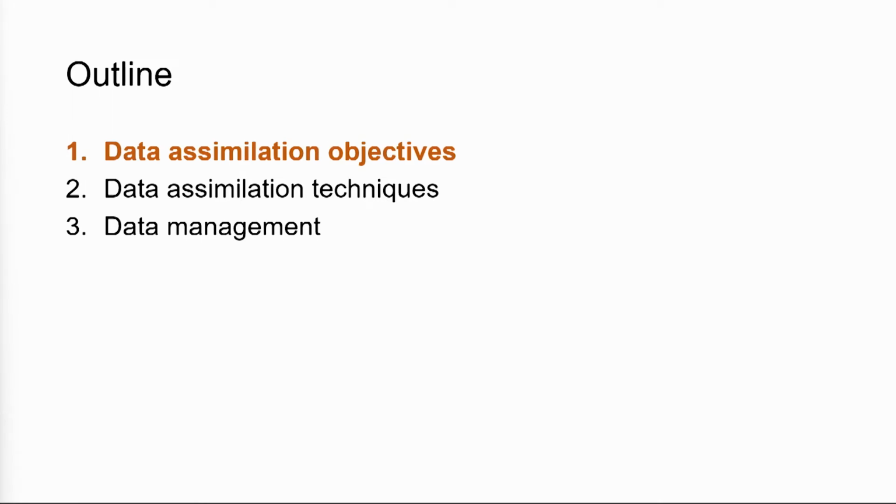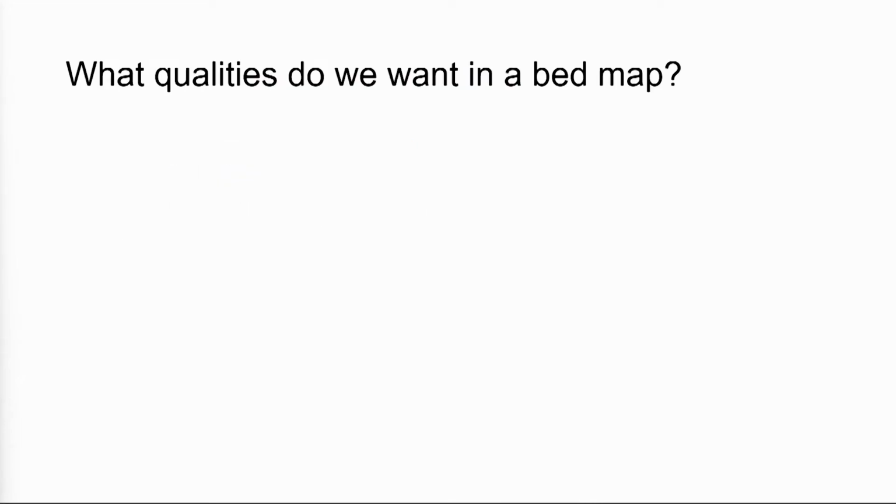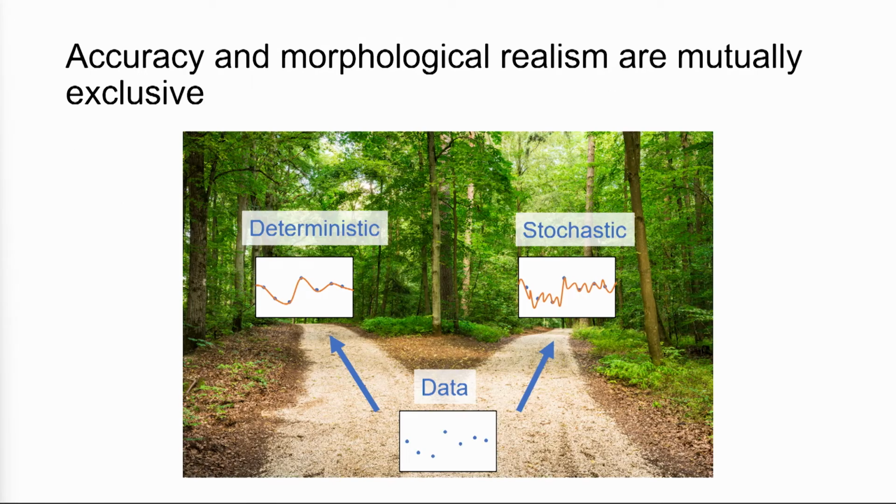Okay, so I think it's important to talk about what we want in a bed map before we start making it. So obviously we want accuracy. We want accurate bed elevation values. But we might also want morphological realism or realistic topography. However, it's important to keep in mind that these two things are opposite objectives. If we have some measurements, we can come up with a deterministic or most accurate solution, or a stochastic or statistically realistic solution.